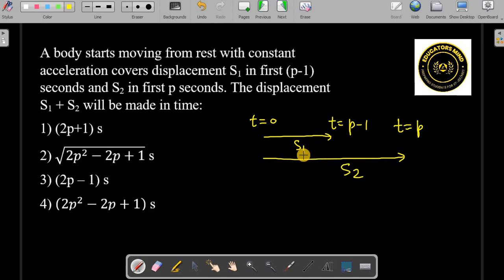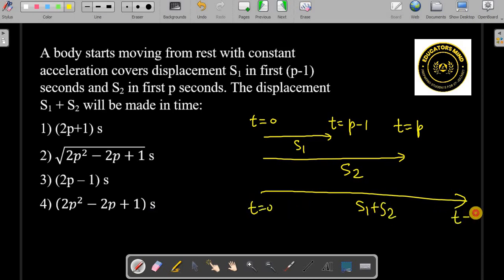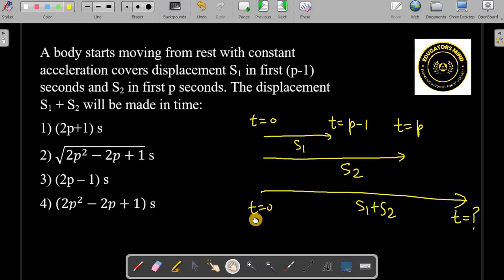A displacement s1 plus s2 will be made in time. Now they are saying a displacement of s1 plus s2 we have to make, starting from 0 itself. How much time will it take? This time they are asking.